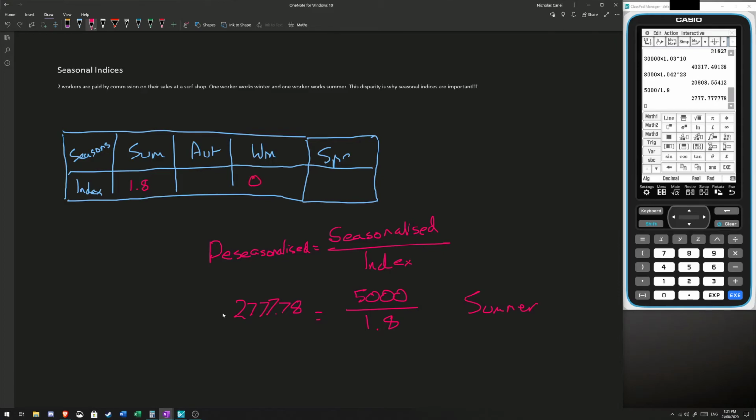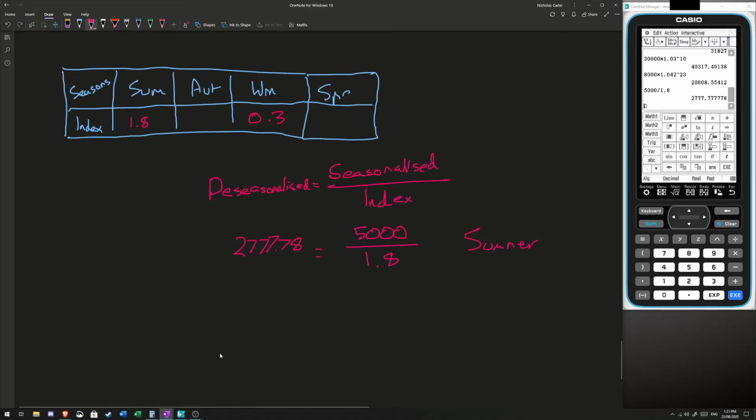Now, in winter, our seasonal index is 0.3. It's not very high, because no one's really surfing. So again, deseasonalized is our seasonalized over our index. This time, we've only earned, I don't know, $800 in winter. We divide that by our index of 0.3.